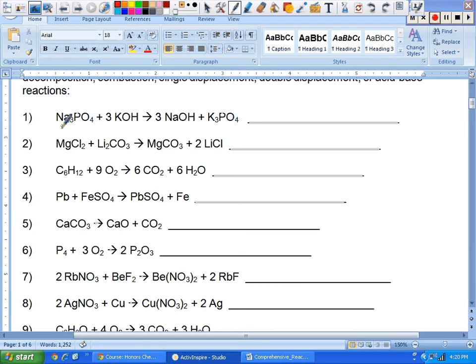You see a compound plus another compound, and it makes 2 new compounds that are different from the reactants. You see that Na is now with OH, so that is the outsides, and you see that K is now with PO4, and those are the insides.